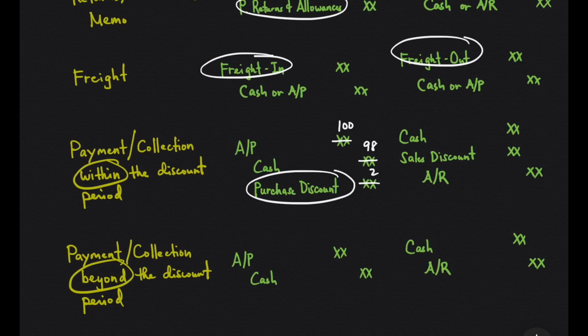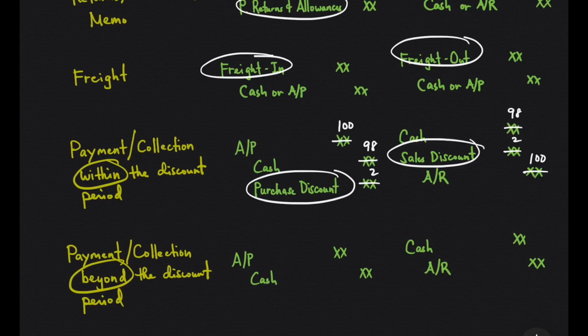Now let's jump to the seller side. If you are the seller and your buyer availed of the discount, you will be collecting less. So let's again assume some figures. Let's say your receivable is 100 and you only collected 98, meaning the discount is 2. And this will explain why sales discount is debited in the format.